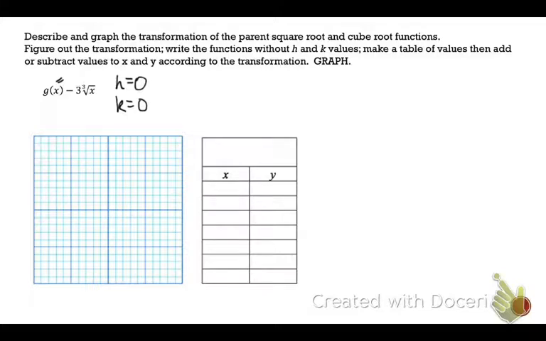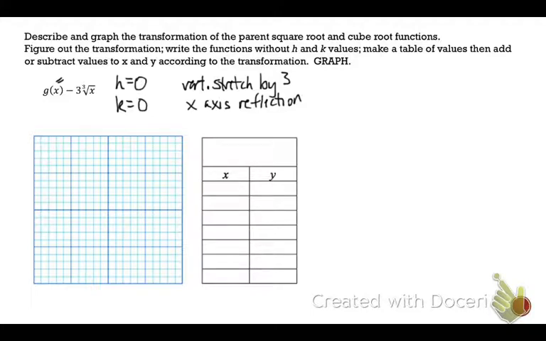So let's put an equal sign, and then our a value is negative 3, and it's out front. So this is going to be a vertical stretch by 3. And then what that negative value will do is that it will be an x-axis reflection. So it's going to flip over the x-axis.